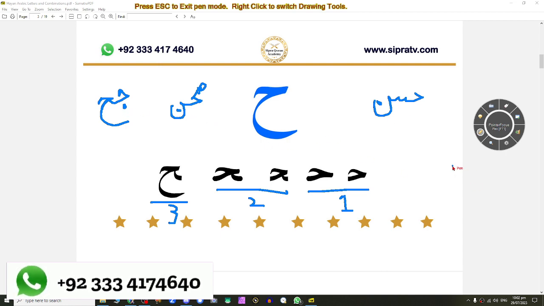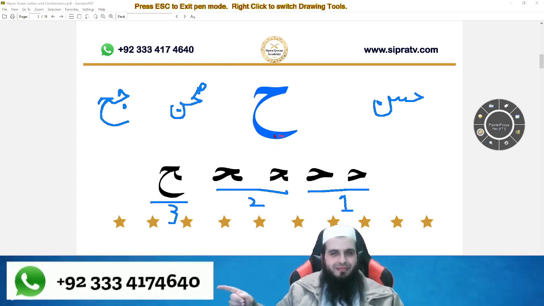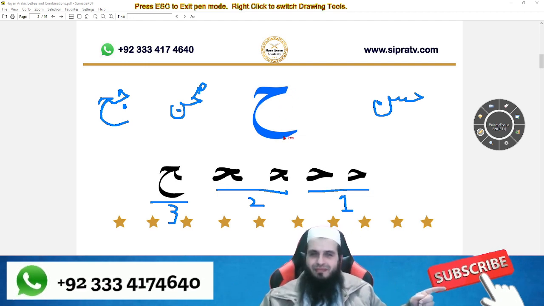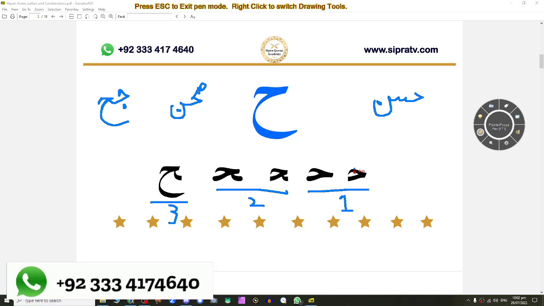Has Taha returned? Yes. Okay, Taha, which letter is this? You tell me. Ha. So when ha comes at the beginning of a word, it will look like this. This is the shape which you need to remember.